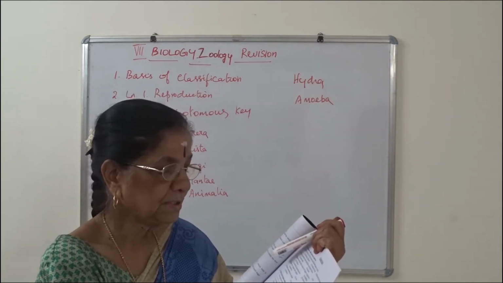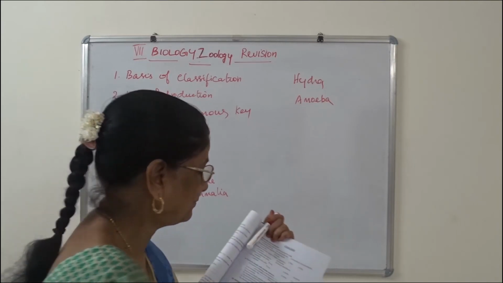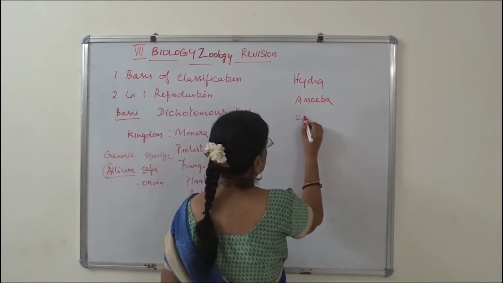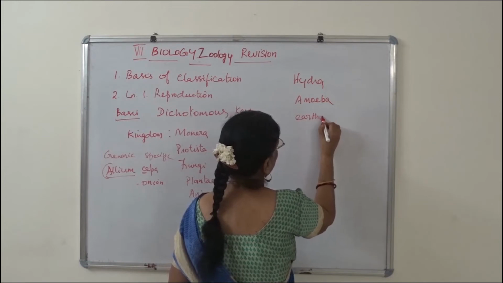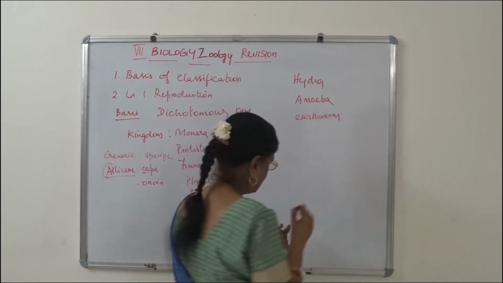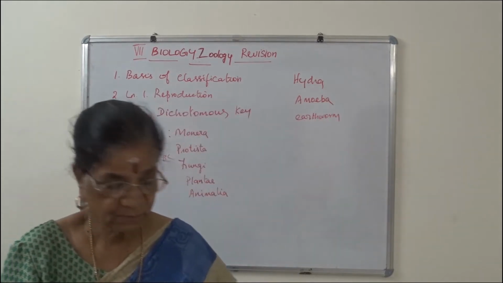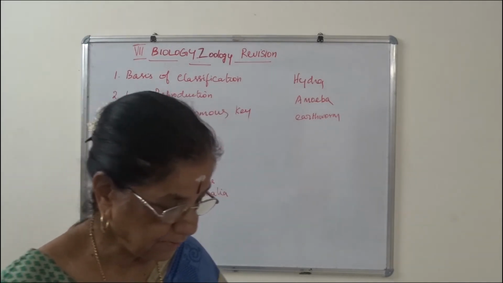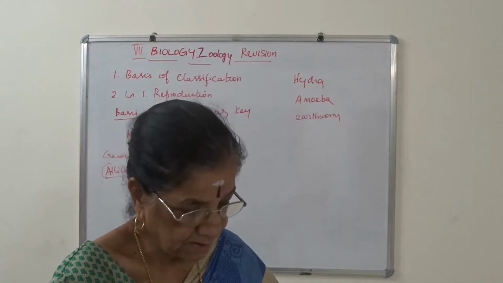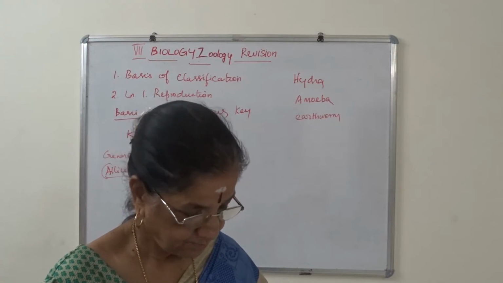In invertebrates like earthworm and flatworm, like tapeworm, both male and female gametes are produced by the same parent.